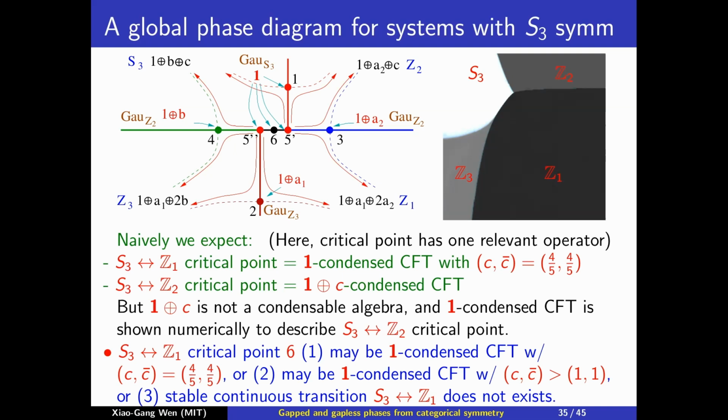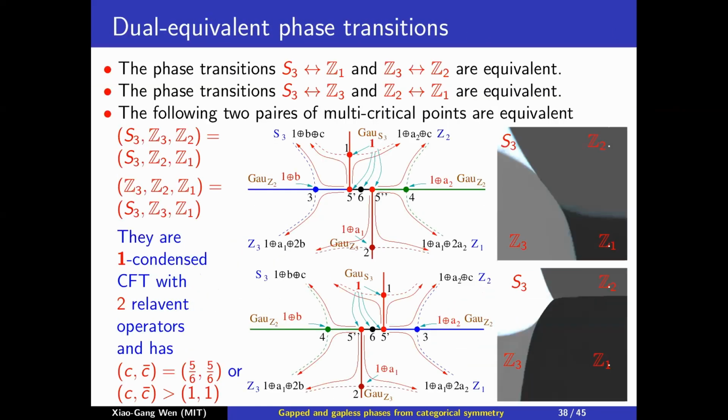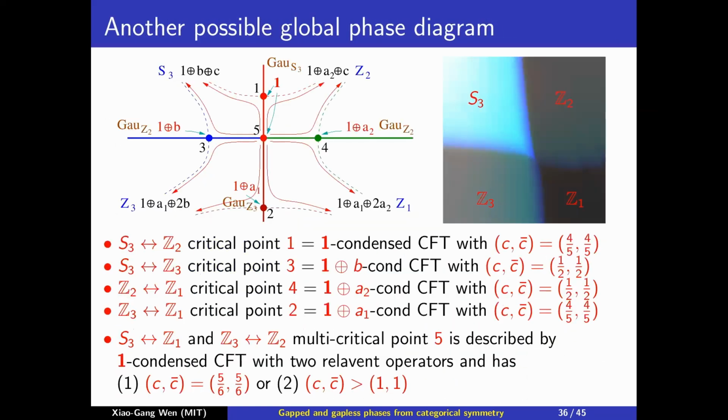Okay, and then there's another model. Let me see, do I have a third model? Yeah, there's another model. By fine-tuning, then we have this. There's a multi-critical point. And this multi-critical point is kind of stable, meaning there are two relevant directions between S3 to Z1 and Z2 to Z3.